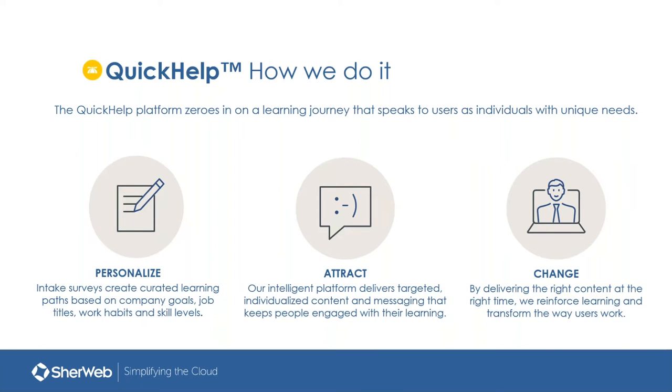So the ultimate goal, of course, is change. Without change, the learning doesn't really matter that much. If users don't decide to apply what they learn, nothing is really going to change with them or within their organization. So the one thing you'll notice in the platform, if you haven't already, is what are called challenge questions.